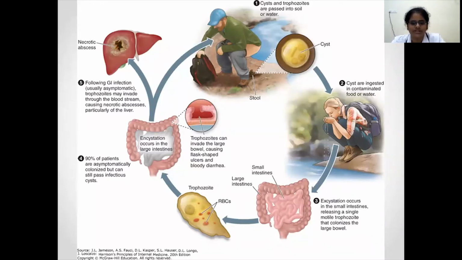Sometimes through hematogenous spread, these will go into the liver through the portal venule, and then they can multiply over there. Majority of the times, they may not multiply in the liver, but in 1/3 of the cases, they will multiply in the liver and cause liver parenchymal damage and ultimately result in amoebic liver abscess.